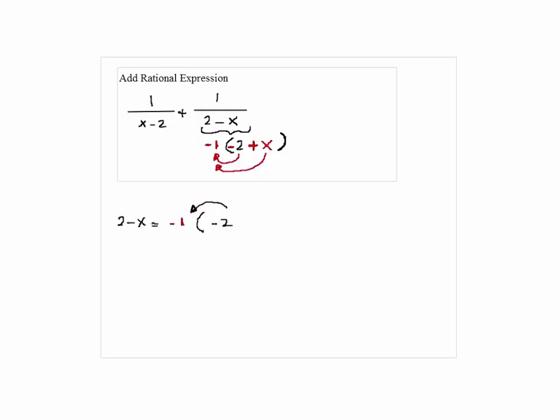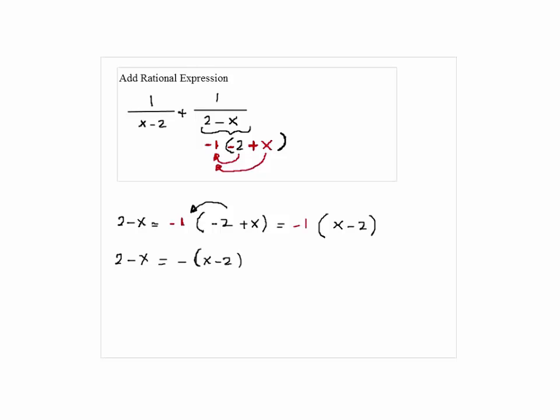That gives me plus x. So this looks like it's equal to -1 times. If I switch this around, -2 plus x is the same as x minus 2. So it looks like 2 minus x is equal to -1 times x minus 2.